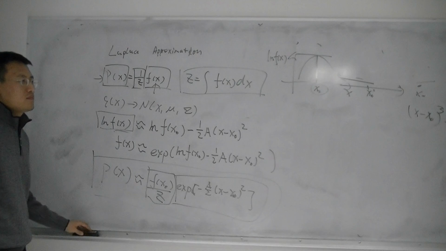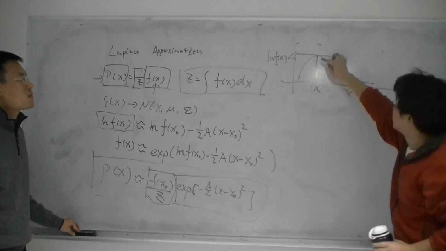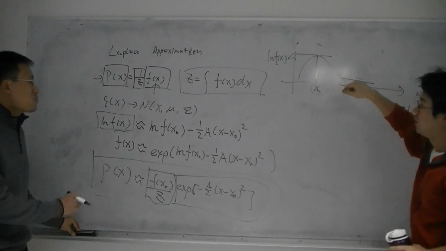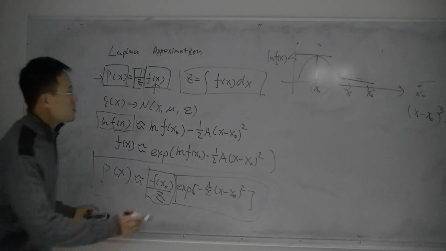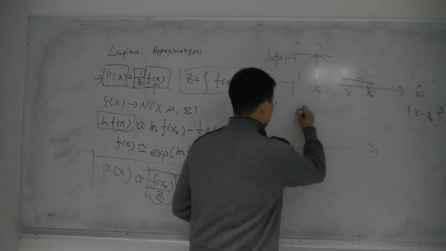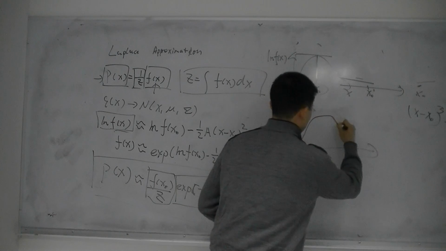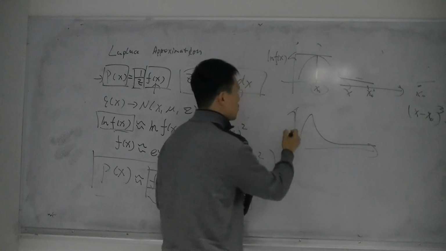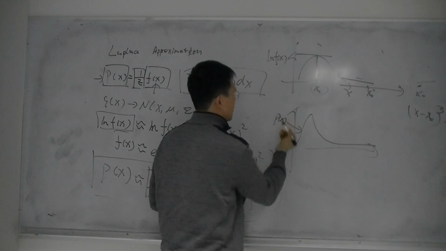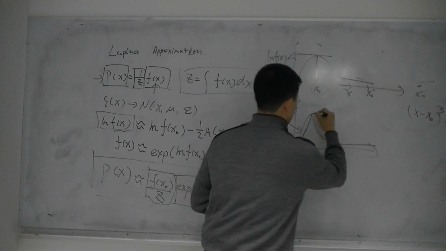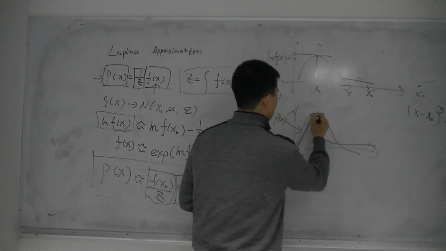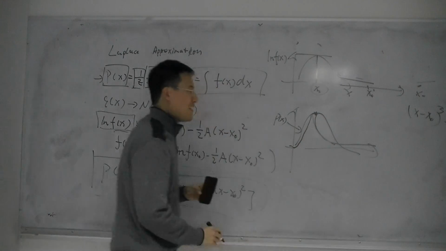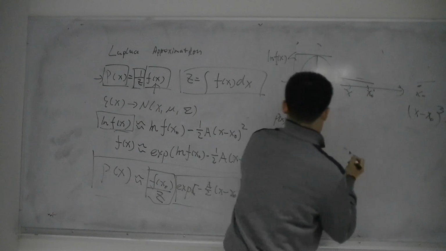Because this x0 is here, the mean is also here. Not the mean, the mode actually. For example, this is your true distribution, P of x, and your Gaussian distribution maybe is here. Just make sure the modes match.